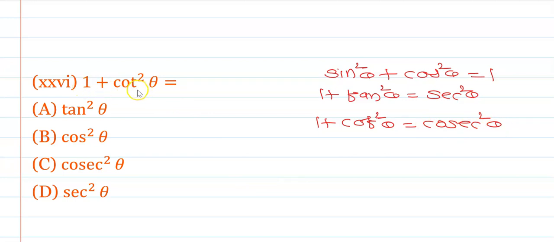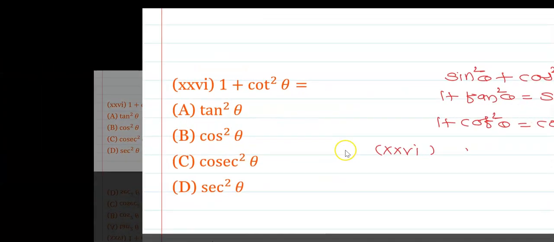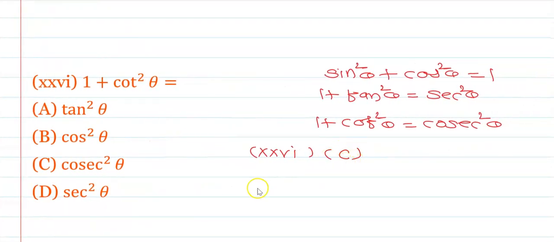Therefore, 1 plus cot square theta is cosec square theta, and the answer for this 26th is option C, the correct one.